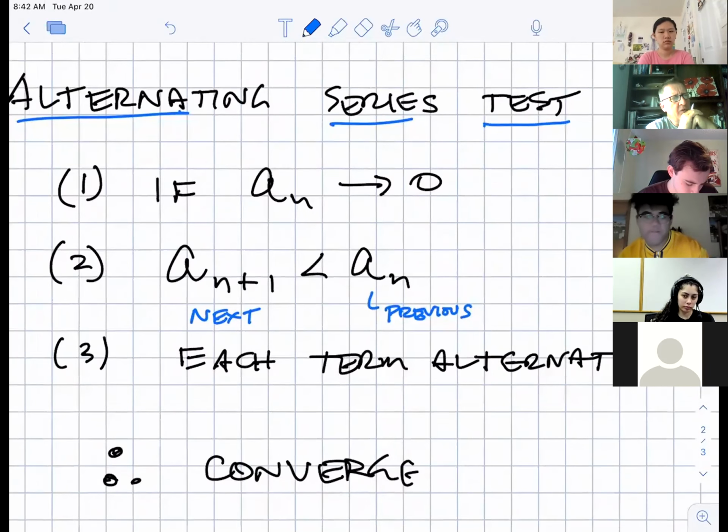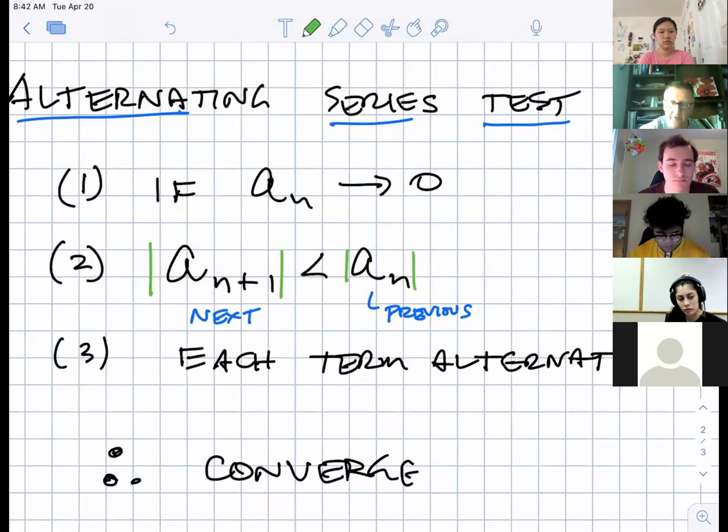If I only want to talk about the size of the numbers, let me think about this. Let me see how this is worded in the book. My gut reaction is to say, oh, okay, we need to throw some absolute values around those. But then if I do that, isn't this now the same statement as the one above it? Follow what I'm saying there? I'm going to take a quick look at the book and see how it words this.